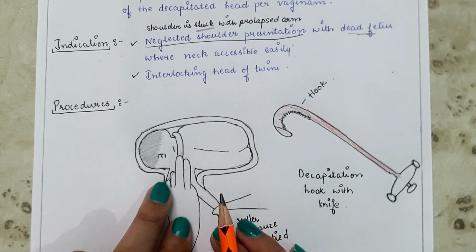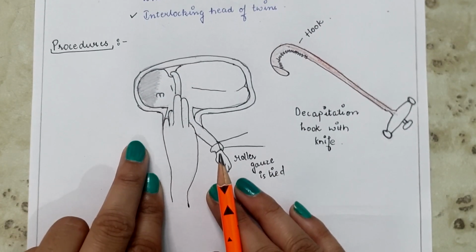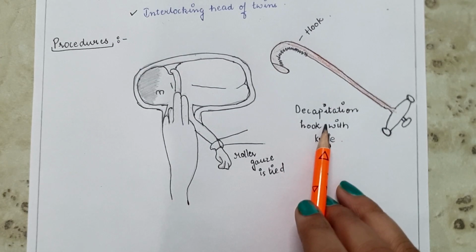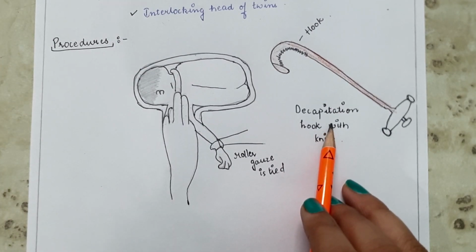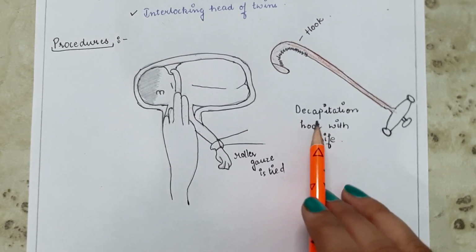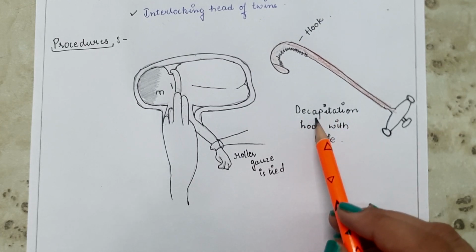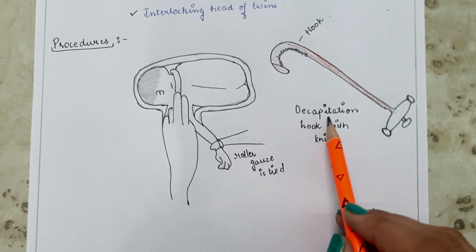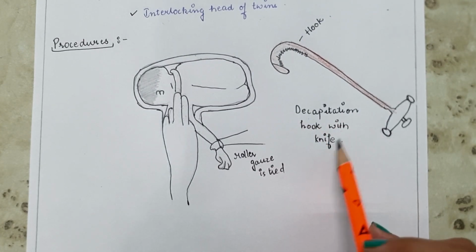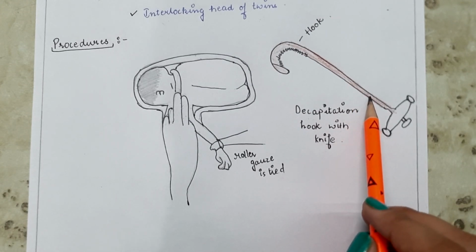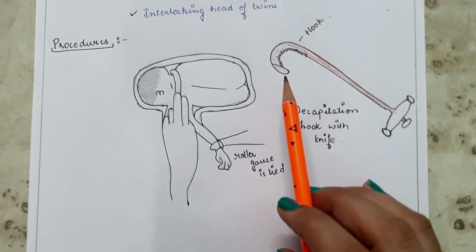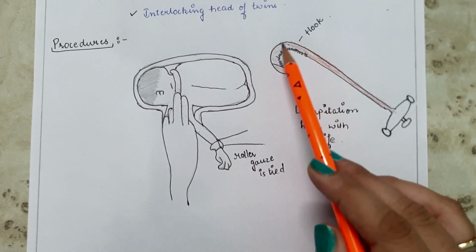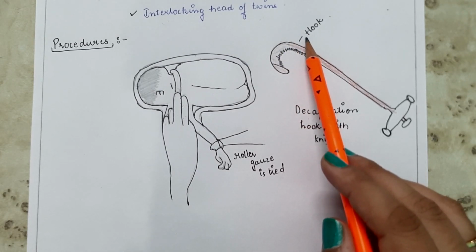So next is the procedure of decapitation. For performing decapitation, the instrument specifically used for this operation is known as the decapitation hook with knife. This is the diagram of that instrument, and this part is known as the hook.